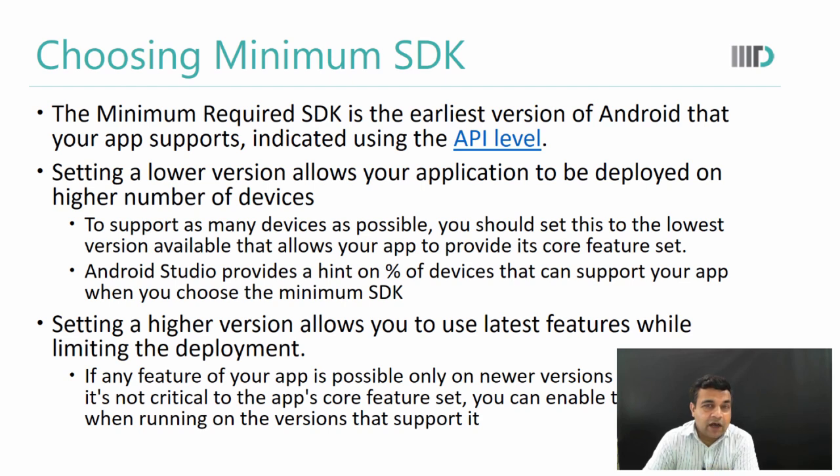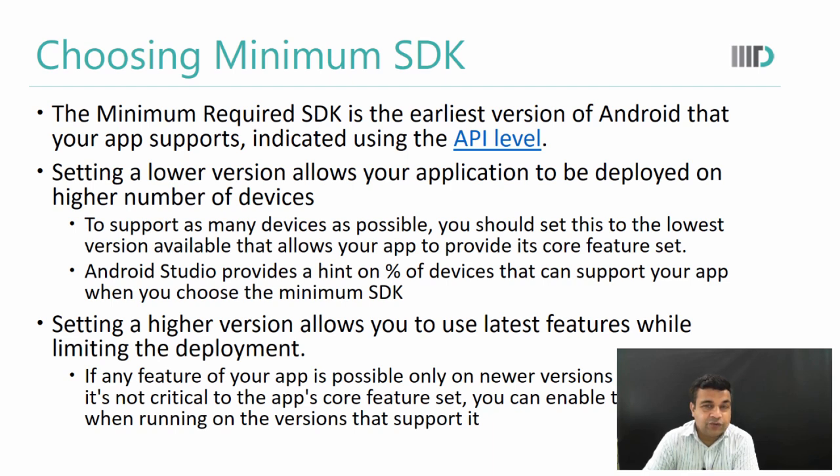Setting a lower version allows your application to be deployed on a large number of devices. In fact, when you choose a version number, Android gives you a hint about the number of devices on which your app can be deployed.